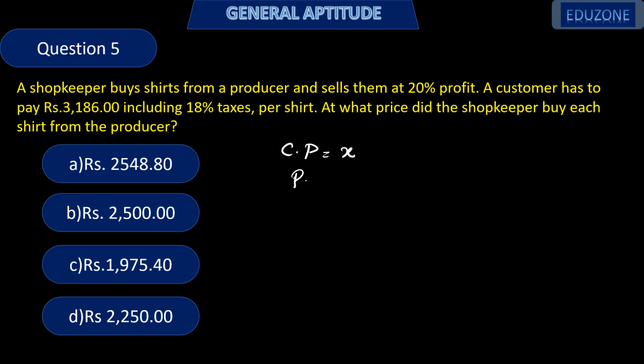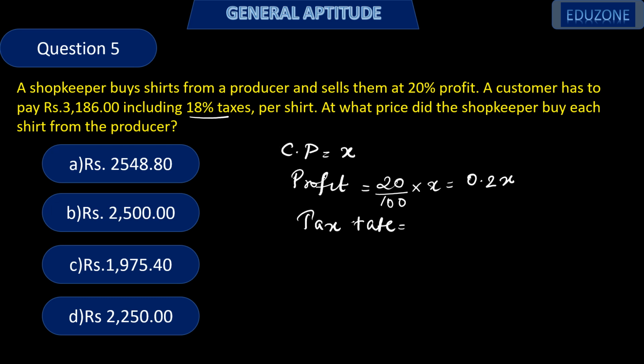Next is profit. What is profit? Profit is 20% of X, which is 0.2x. It is given that the tax rate is 18%, that is 0.18, and the customer has to pay 3186 as the selling price.